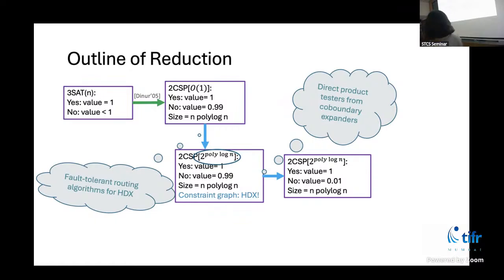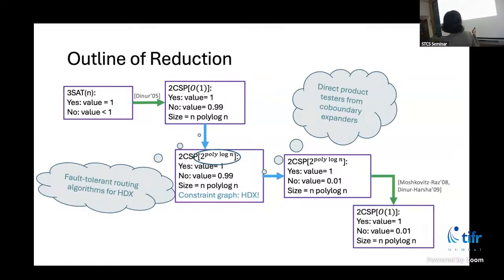So the new part here was to notice that if you ask for stronger routing algorithms, like fault-tolerant routing algorithms, you can maintain the value. And finally, we use these tools for two-query composition, like Moshkovitz and Raz, and then Harsha, to reduce the alphabet from this huge thing to just a constant. Now, this is a black box application of previous techniques.